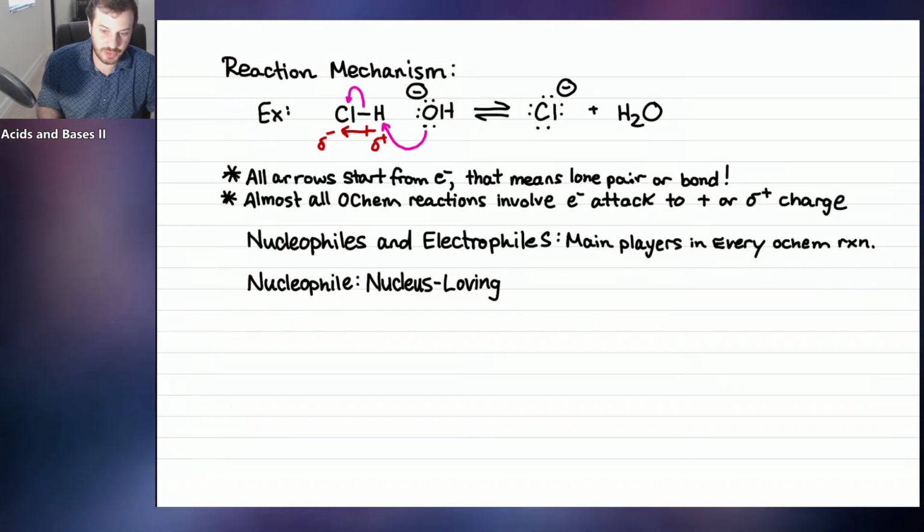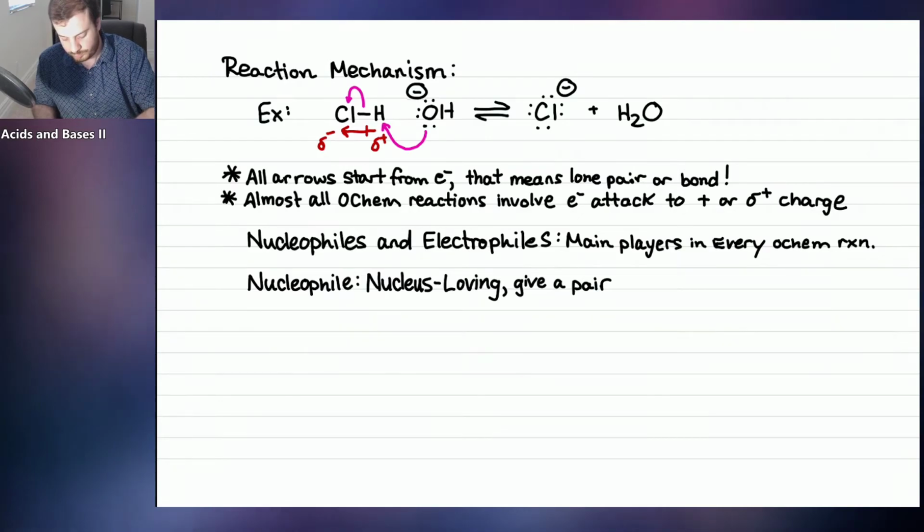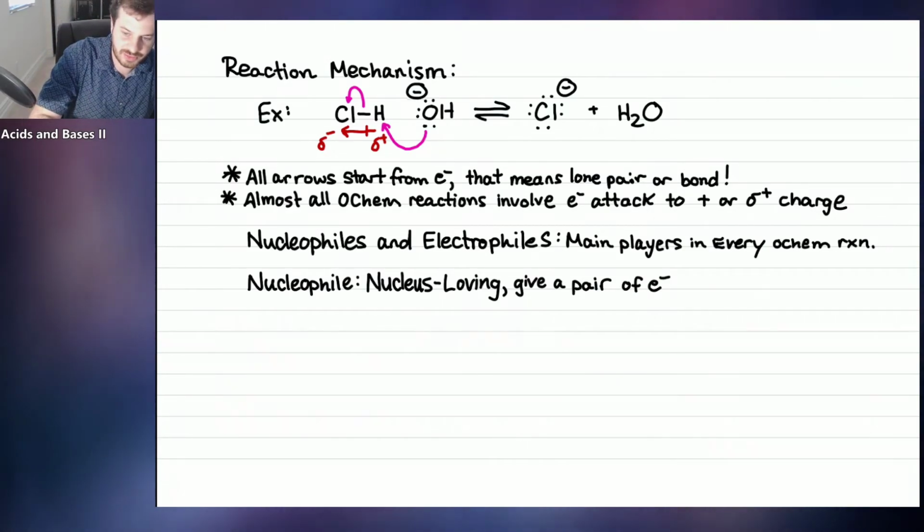What is the charge of a nucleus? It's positively charged, because what's inside the nucleus? Protons and neutrons. No electrons inside the nucleus. So nucleophiles are going to be electron pair donors. So nucleophiles give a pair of electrons. And so they're attracted to positive charge since they're giving negative charge.